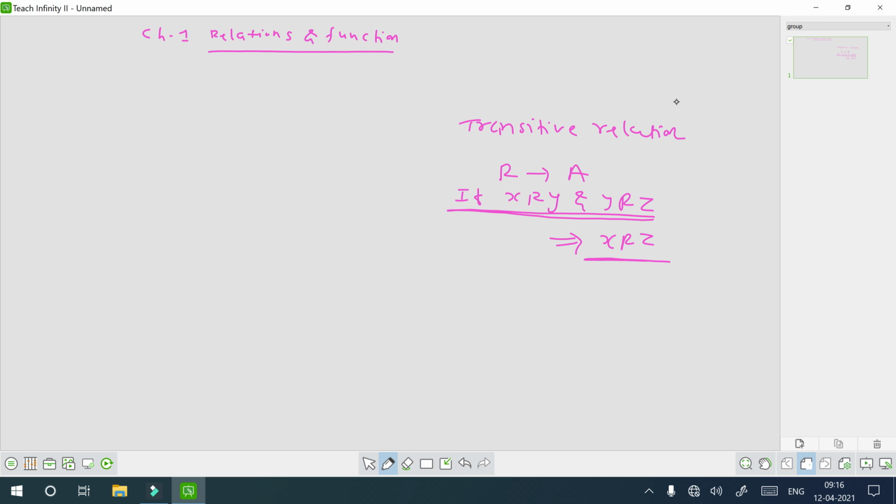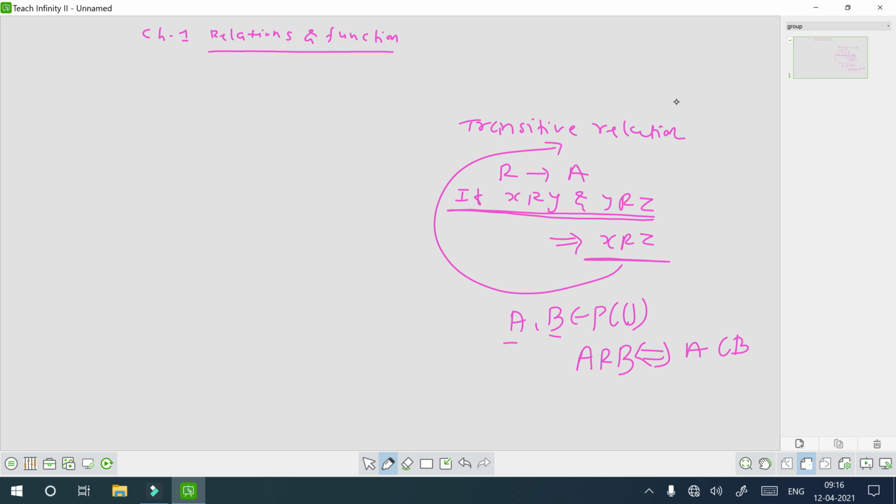If x R z is there, then that relation is called a transitive relation. For set notation, A, B belongs to power set of U. That means A and B are any two sets. Let us define relation A R B if and only if A is a subset of B.